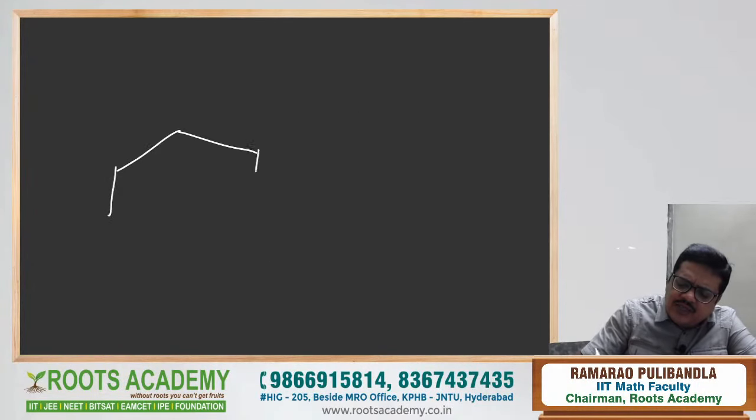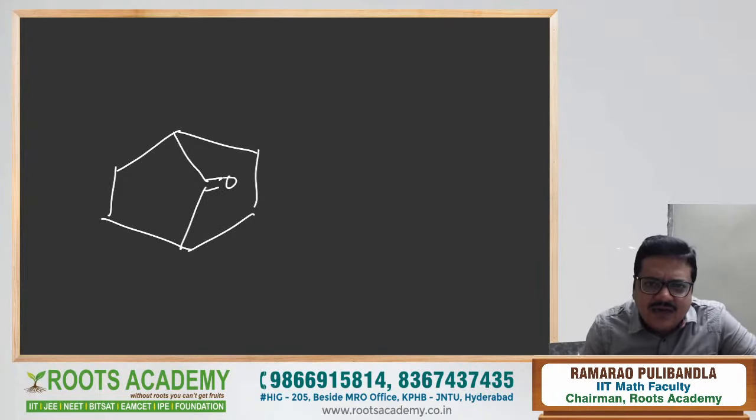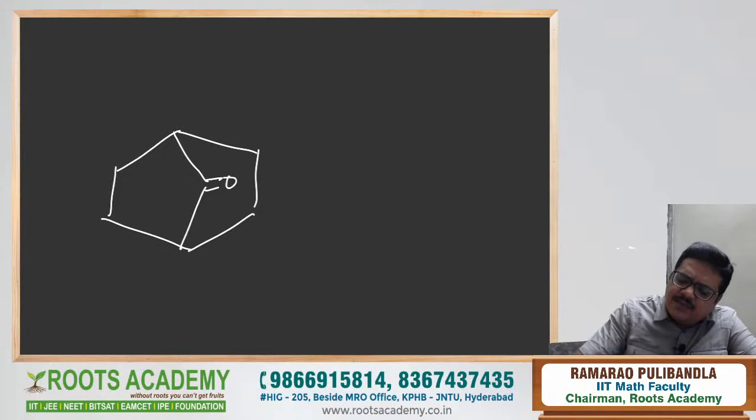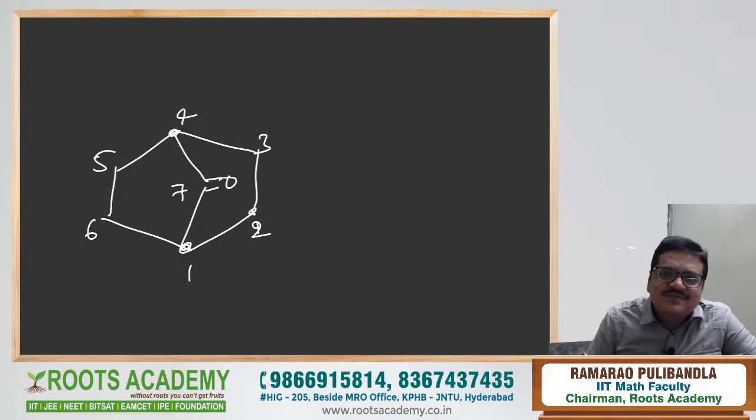If the same compound is given like this, then same thing. Numbering is always 1, 2, 3, 4, 5, 6, 7.